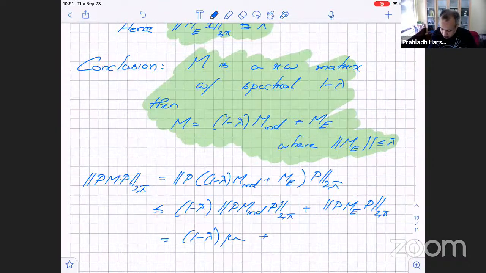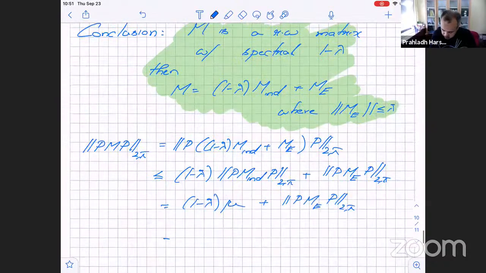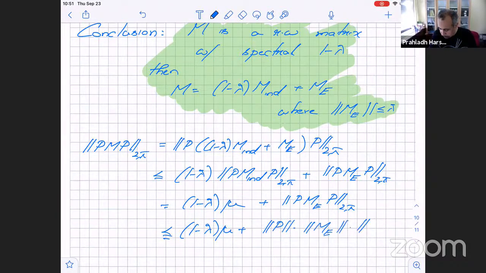And we need to calculate this object, PME, P 2 pi. This is less than 1 minus lambda mu plus, once again, multiplicativity of the norms. Now, each P can only make things smaller. It's a projective object. Therefore, the norm of each P is at most 1.